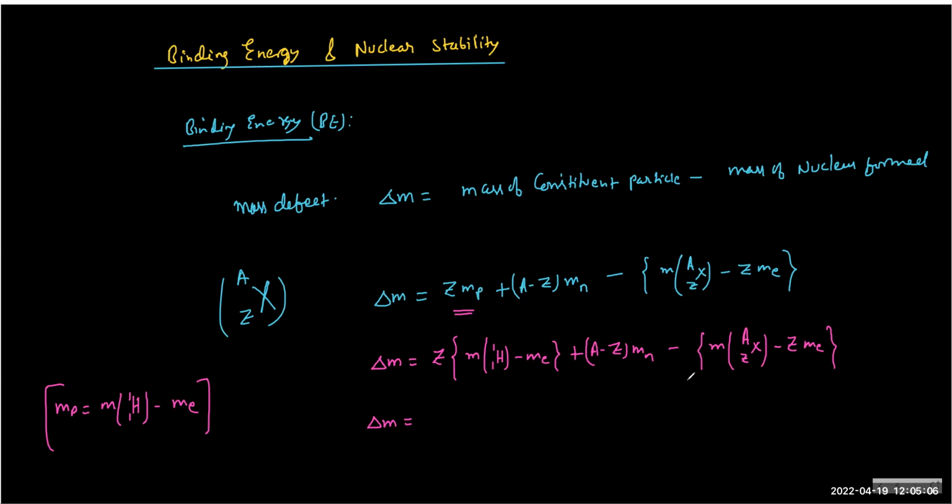You can see that the me terms will cancel out, because one is minus and the other is plus. So you can write Z times the mass of the H atom.